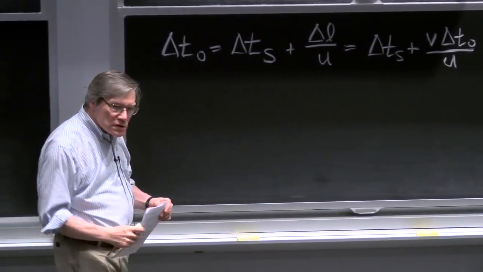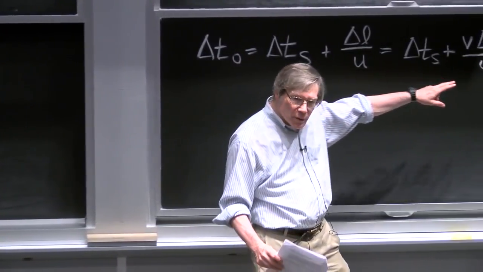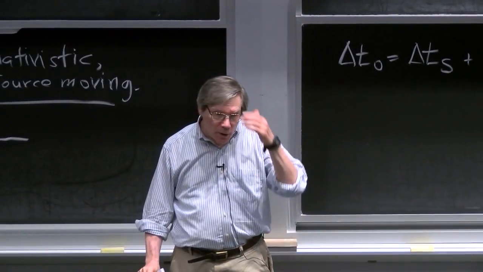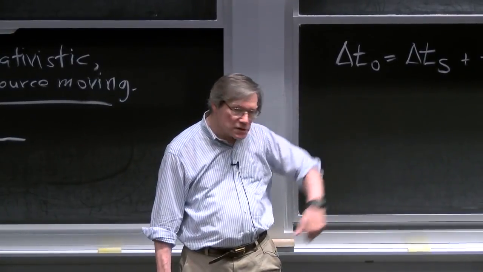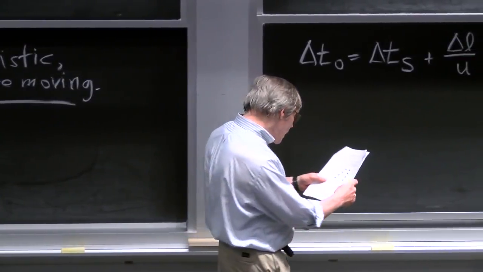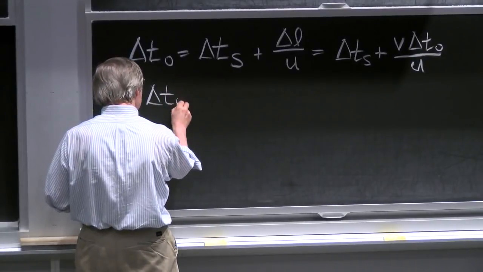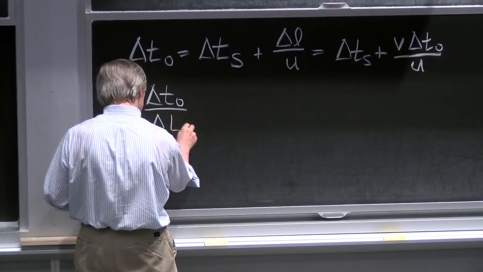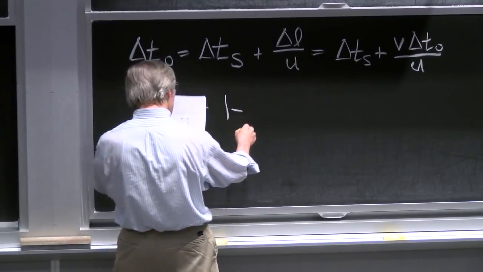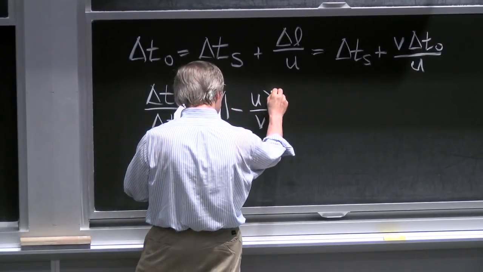So this time the equation is ever so slightly more complicated because delta t sub O appears on both sides of the equation. Last time we immediately wrote down an equation for delta t sub O. But nonetheless, this is one equation with one unknown, so of course it's trivial to solve it for delta t sub O. And when we do that, and I'll maybe divide by delta t sub S, by just doing a little bit of algebra, you discover it's 1 minus u over v inverse.